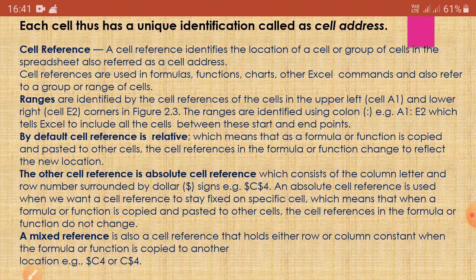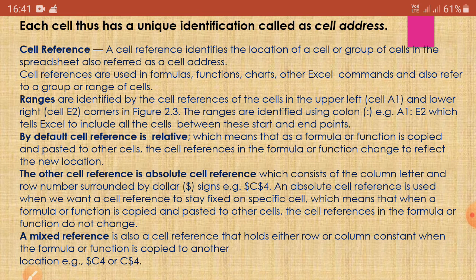Relative means that as a formula or function is copied and pasted to other cells, the cell references in the formula or function change to reflect the new location. It is known as the relative cell reference.